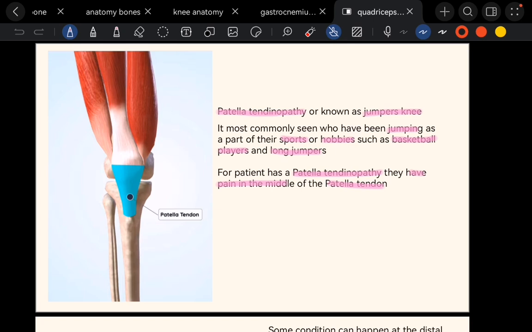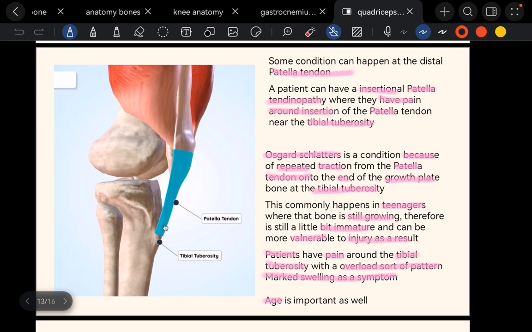It causes small microscopic tears in the tendon, which can lead to inflammation, which can lead to pain, instability, a pressure-like feeling, sometimes a burning feeling, because it is caused due to overuse, such as in athletes such as basketball players, long jumpers, or even an overuse of your favorite sports that you play. Now, some people would feel pain on the midline of the patellar tendon, but some people would feel more on the insertion point of the patellar tendon, where the tibial tuberosity is at.